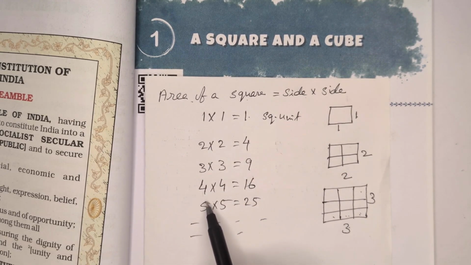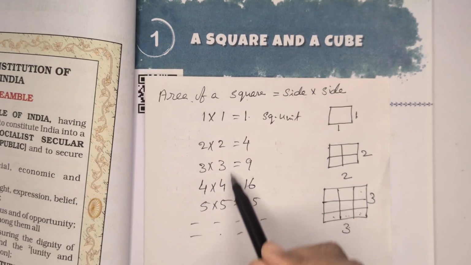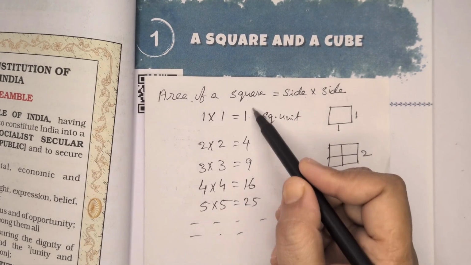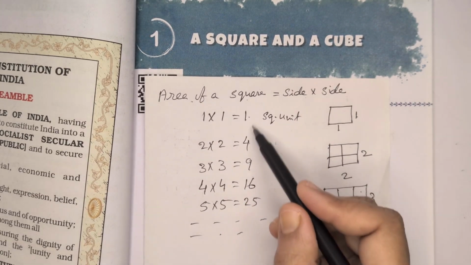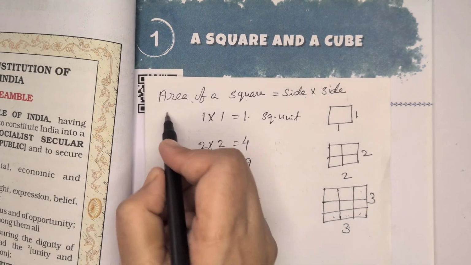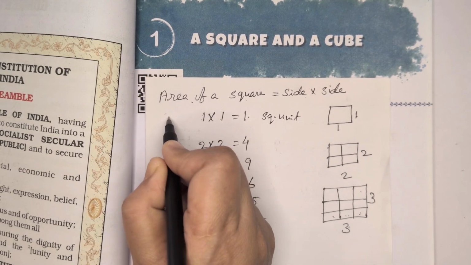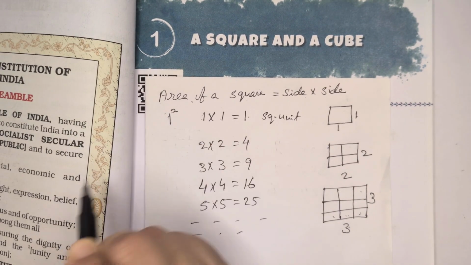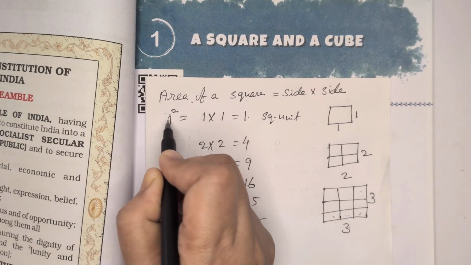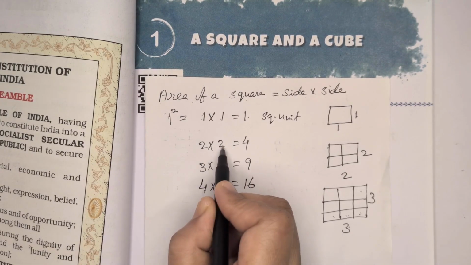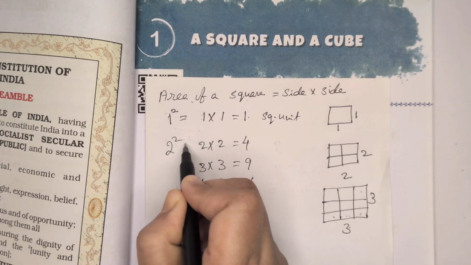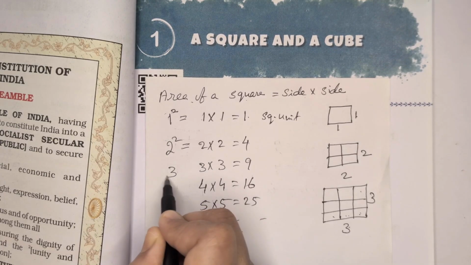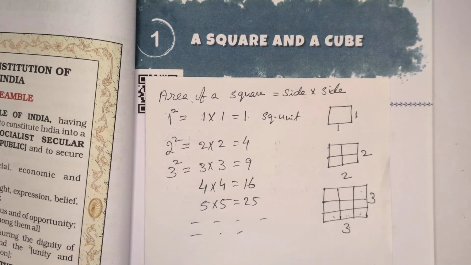So any number multiplied by the same number one more time gives the perfect squares or square numbers. This we can write as 1 into 1. 1 we multiplied 2 times, which means 1 square. 2 here we multiplied 2 times, so 2 square. 3 2 times, which means 3 square.